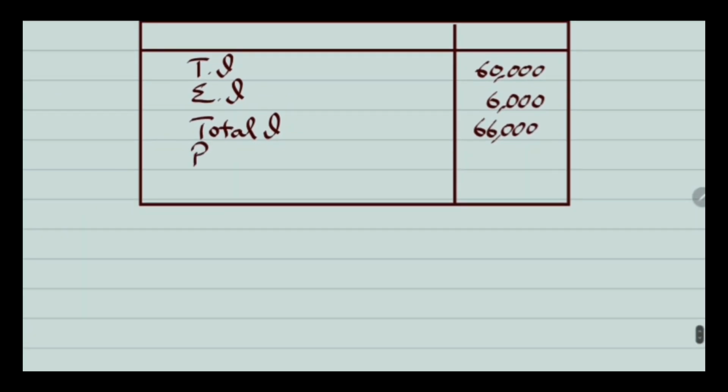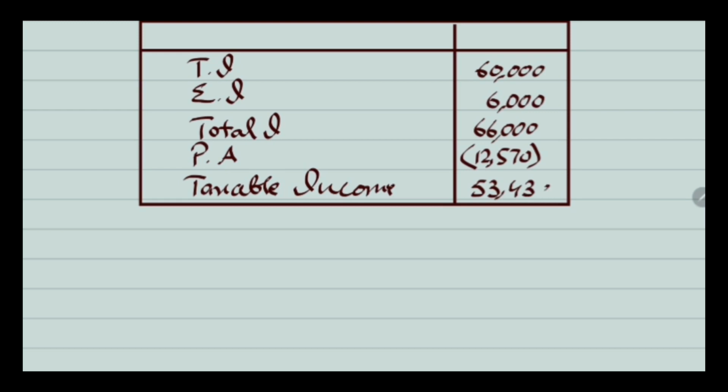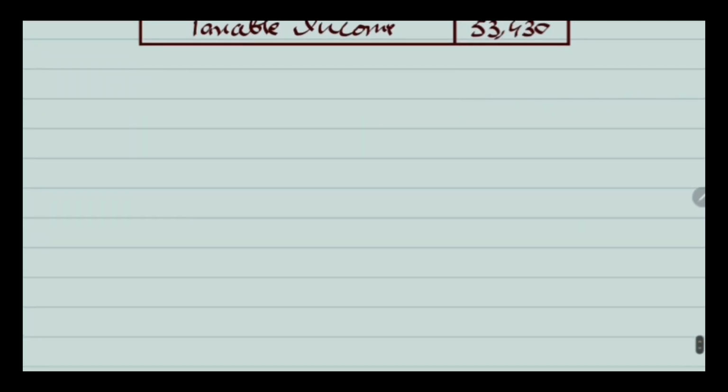Now deduct the personal allowance, which is 12,570, and that gives you a taxable income of 53,430.